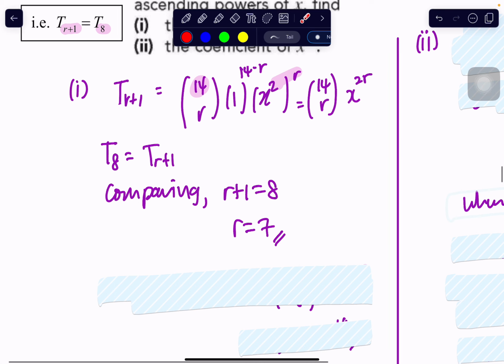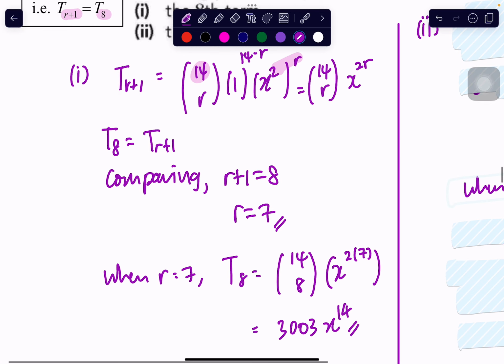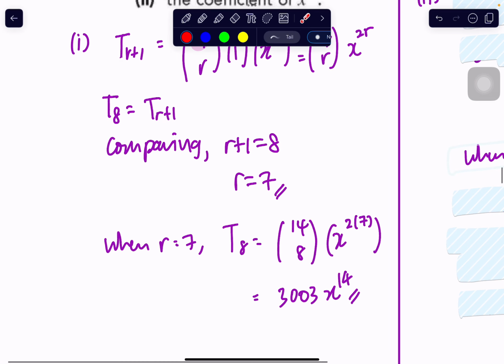So when r is equal to 7, the 8th term would simply be 14 choose 7, and then x to the power of 2r. Let me write it out again: x to the power of 2r, so 2 times 7, that would give me x to the power of 14, with the coefficient being 3003.